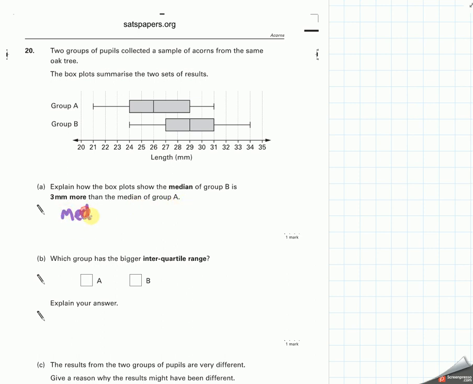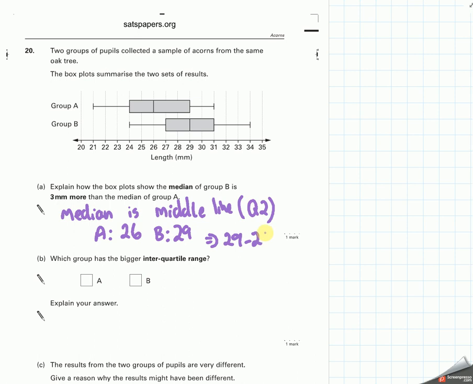So the median is the middle line, sometimes referred to as Q2. And if we read the two values, for group A we're at 26. At group B, we're at 29. So now if I do 29 minus 26, group B is 3 millimeters more.